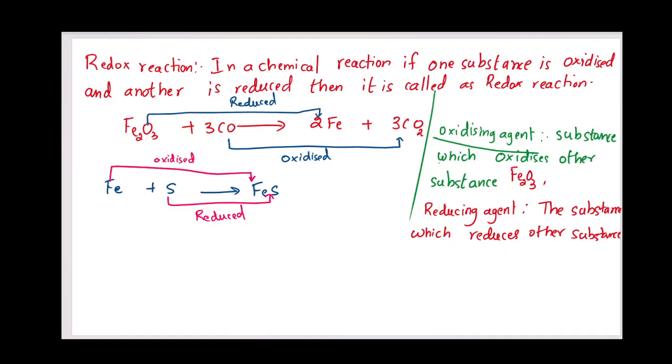So this substance is oxidizing agent. And in the second equation, which one is oxidizing agent? The substance which is reduced, I told, isn't it? So S. And here which one is the reducing agent? Carbon monoxide, and here Fe. So this is about oxidizing agent and the reducing agent.